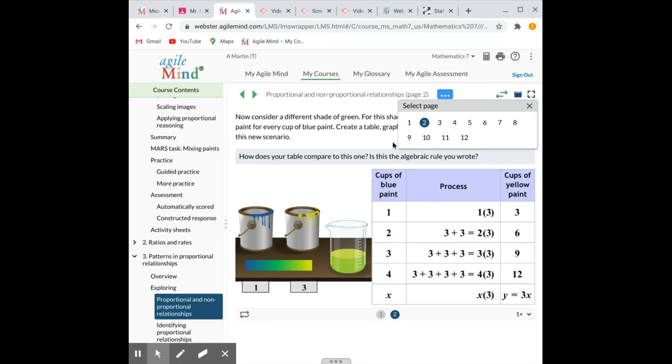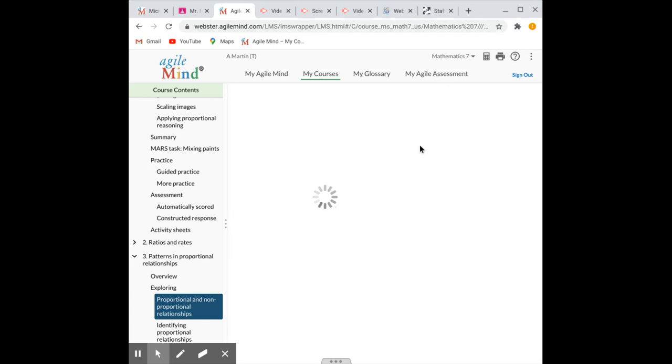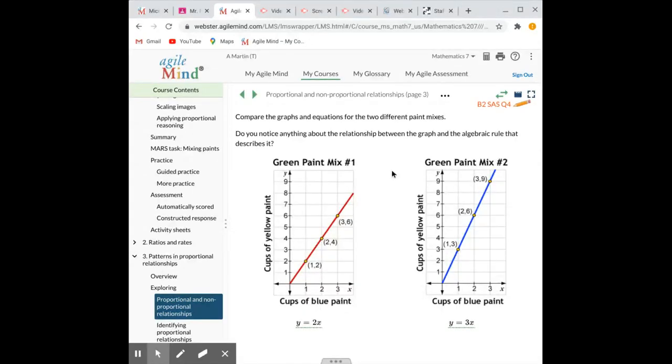All right, let's see what we get for question 4. It says compare the graphs and equations for 2 different paint mixes. Did you notice anything about the relationship between the graph and the algebraic rule that describes it? While you're looking at this, does the graph that you made look like graph number 2?